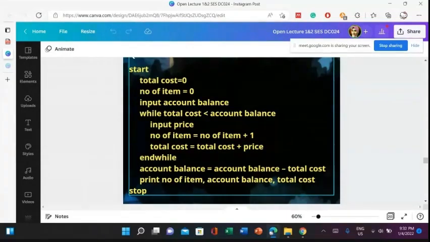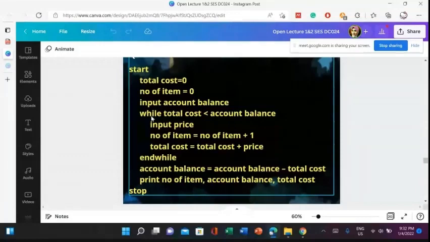Okay, after that we start to input account balance. Why do we need to input account balance? Because maybe we have only 500 in our e-wallet. So it depends. Okay, maybe we have 1,000. So we need to input how much balance we have in our e-wallet. All right. So while, remember this is repetition, we need to start with while.